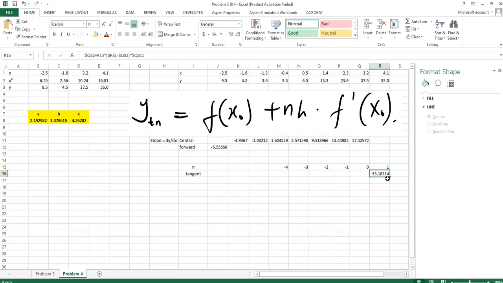But if you select here, you come to this square mark here, then you have this cursor changing to a black cross. You just select move. You're copying the formula inside there. See, this value is the same thing as 37.5. So meaning that what you did was correct.